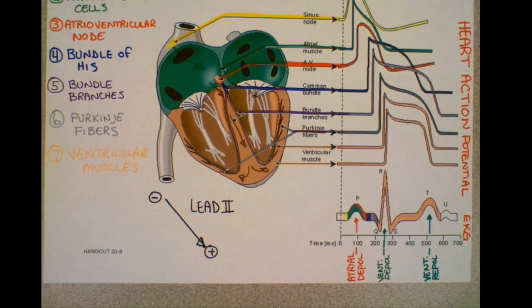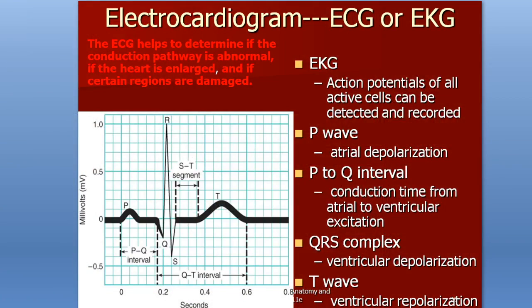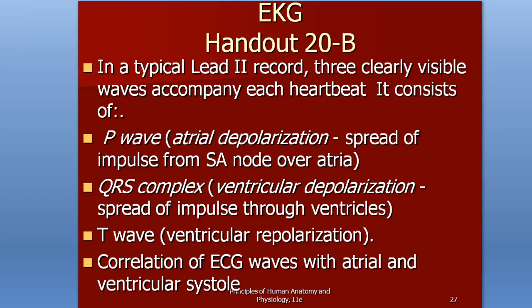So pretty sweet stuff. If we go back to our PowerPoint, you'll see on the next slide it gives you some explanation. So it says in a typical lead 2 record, 3 clearly visible waves are going to show us action potential movement.